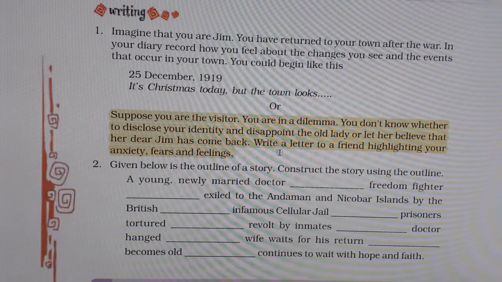So what you have to write in this letter particularly is how you felt when she was talking to you, how you felt when she touched you, she held your hand. These all things you have to write to your friend. Okay, as such, you are a boy here. Even girls who are writing this letter will write it as if they are a boy.